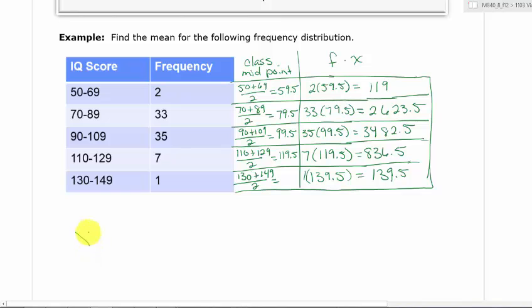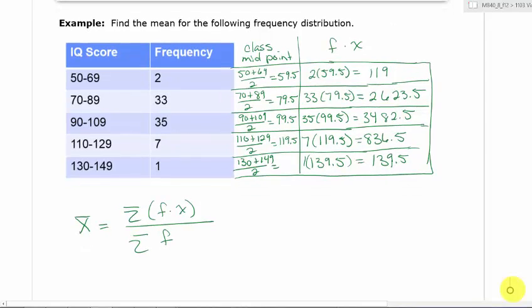So the numerator, remember, of x bar is the sum of our frequencies times x, divided by, and the denominator is the sum of all the frequencies. So we need to add all of these up in this last column here.